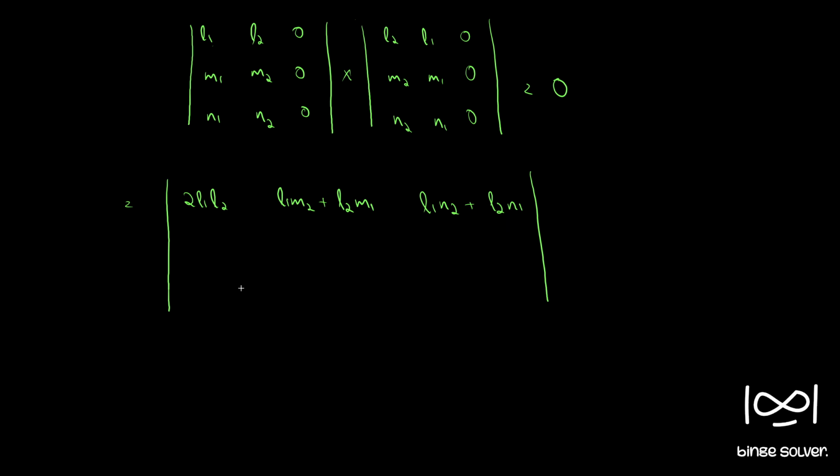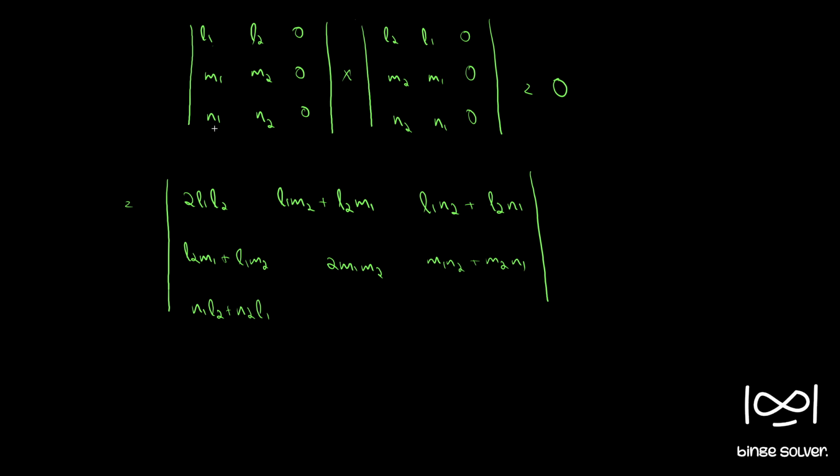So similarly, if you expand the second one, L2 M1, L1 M2, 0 into 0. Now the second: M1 M2 plus M2 M1, that is 2 M1 M2, plus 0 into 0. And the third one, N1 L2 plus N2 L1.